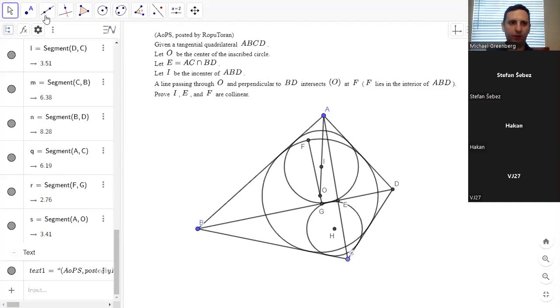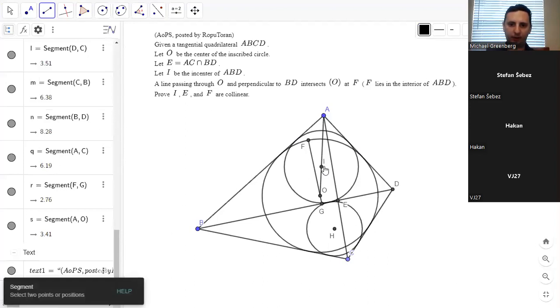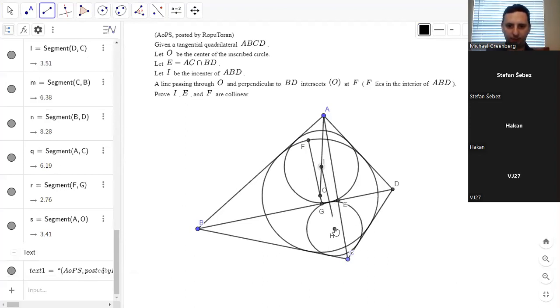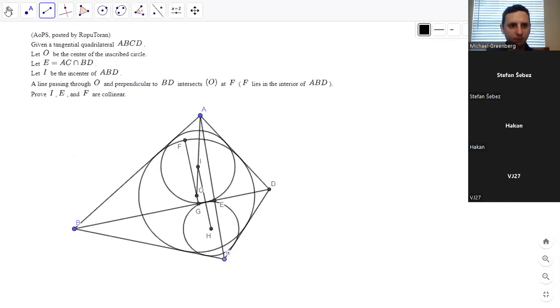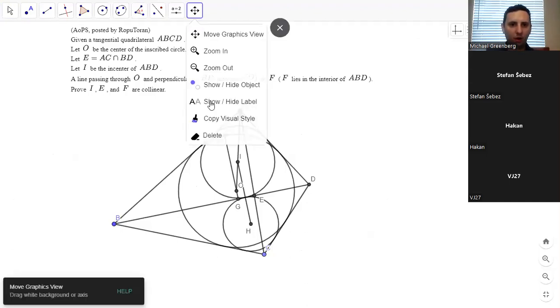Okay. So then we can draw the segment IH, and that's perpendicular to BD, right? You could also extend OG to the other intersection point with the incircle of the quadrilateral. Okay. Let's see.